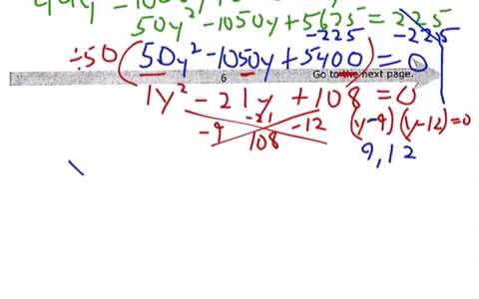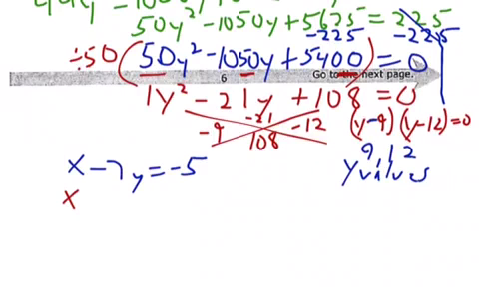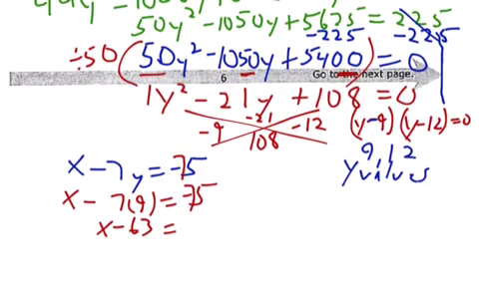So these are my two y values. So I need to plug them in for y into the x minus 7y equals negative 75. So I could do x minus 7 times 9 equals negative 75, and that gives me x minus 63. And I forgot that 7 there. So x minus 63 equals negative 75.